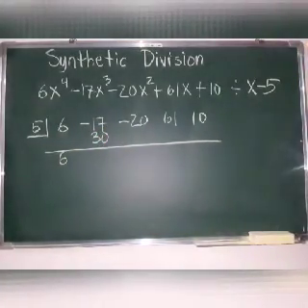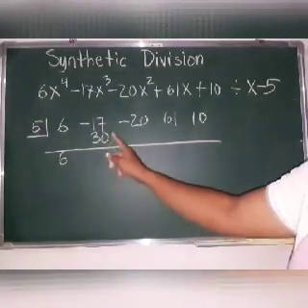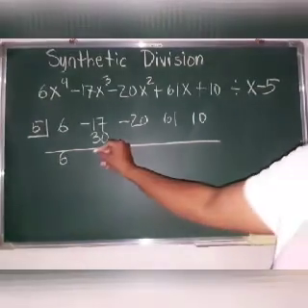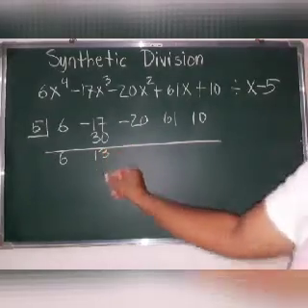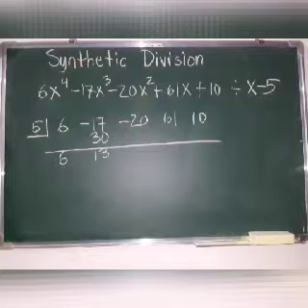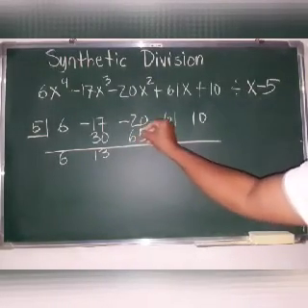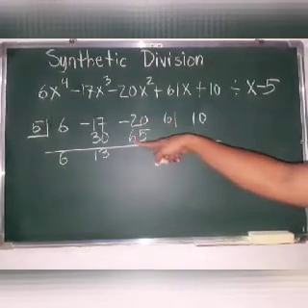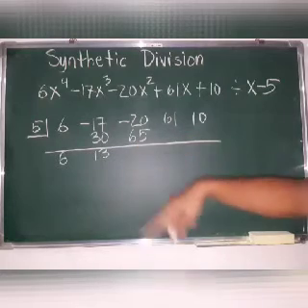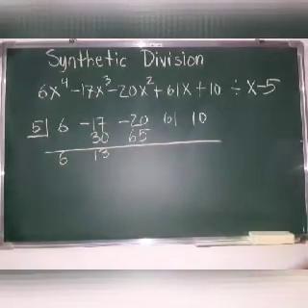Okay, adding unlike sign, copy the sign of the greater value, positive, and then subtract. 30 minus 17, we have 13. Next, 13 times 5, we have 65. And then adding unlike sign, copy the sign of the greater value, and then subtract. So it is positive, since positive ang mas malaking number, which is 65.